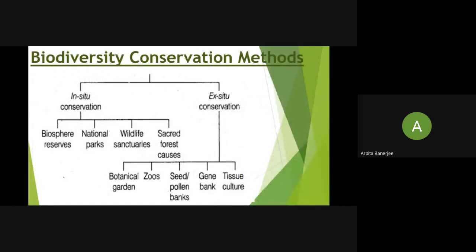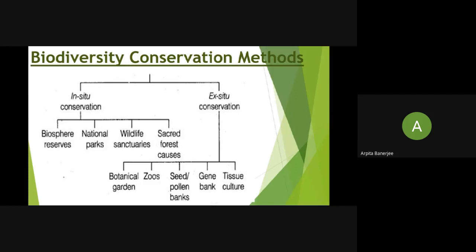Research has found that two ways can be taken for biodiversity conservation, or we can say two methods should be applied for conservation. What are these? First, in situ conservation. Second, ex situ conservation. In situ conservation, such as biosphere reserves, national parks, wildlife sanctuaries, sacred forests, are the conservation places for in situ conservation.